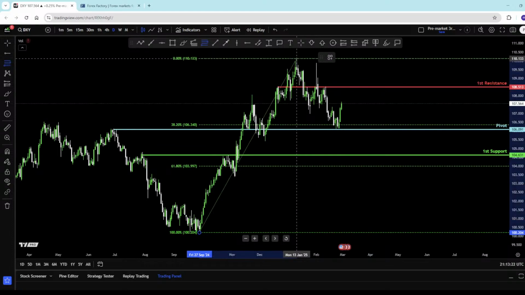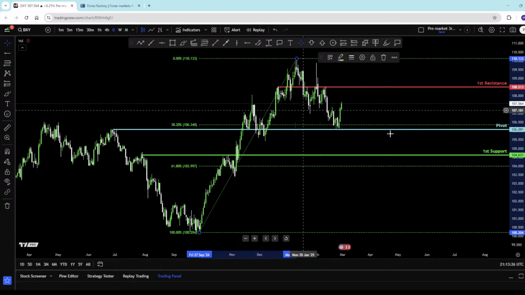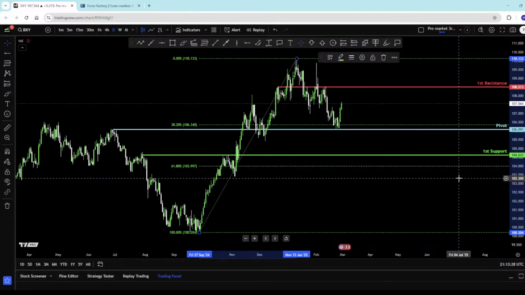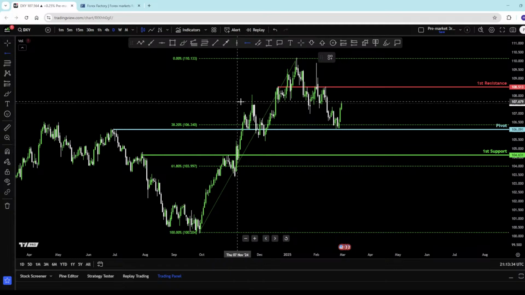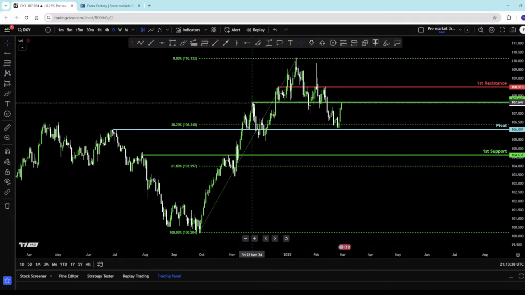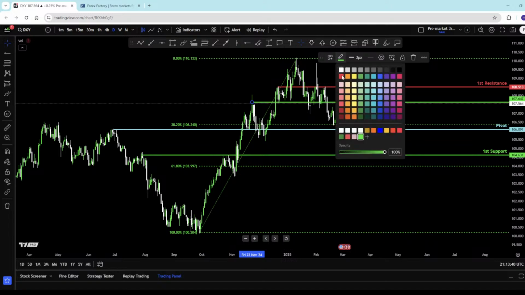Okay, now I'm going in with my Fibonacci levels to support these horizontal levels. Okay, so you can see that my 38.2 lines up. I'm actually going to add an intermediate resistance level over here.